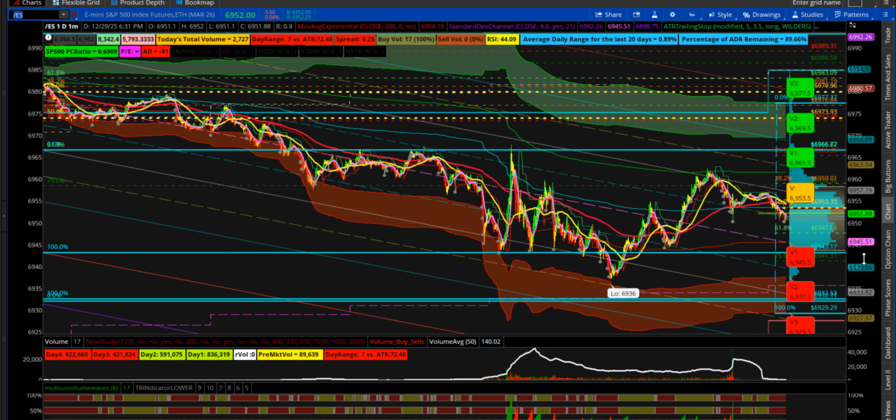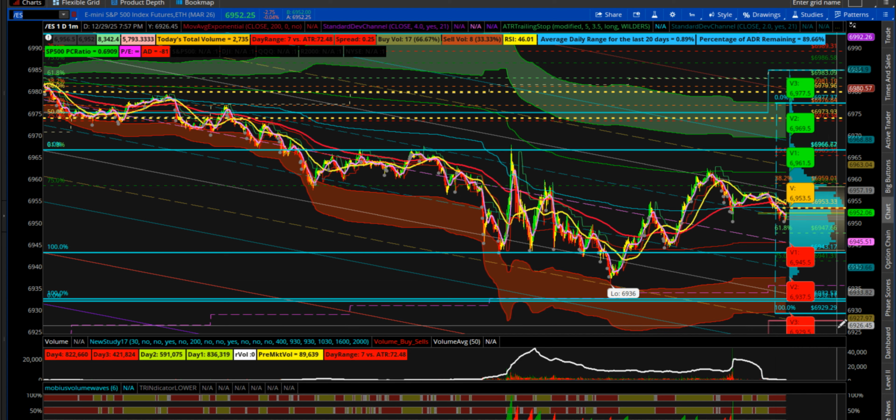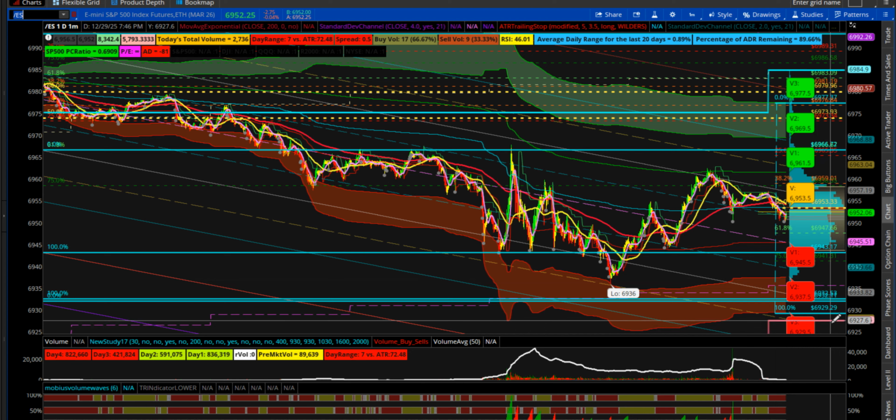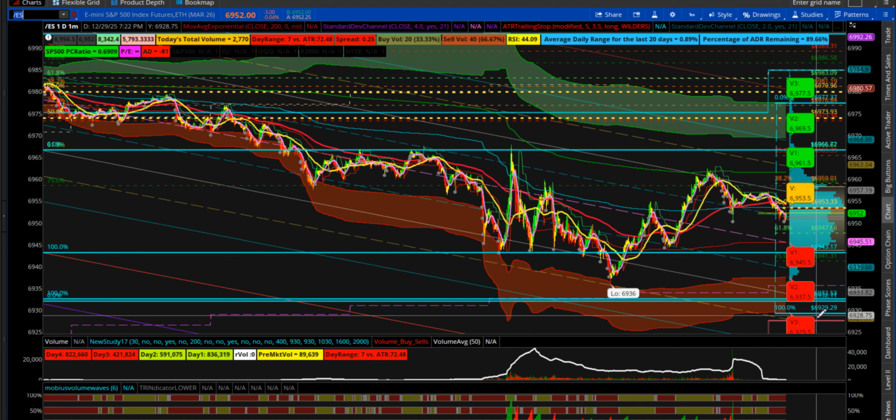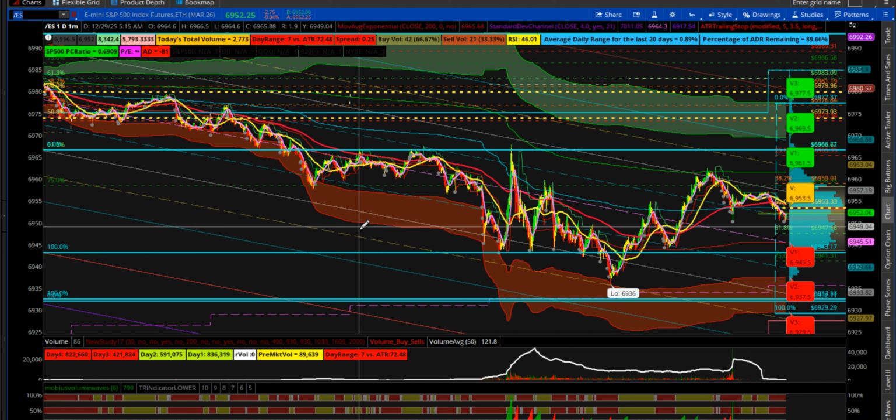Historically, that's a really good buy entry at 6,929, and the bottom of the average daily range is also at 6,927.60. So that's two correlating levels there that can make some support. That's always a good sign, to have two levels that match up.